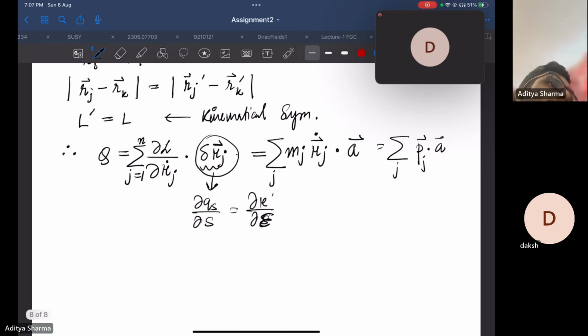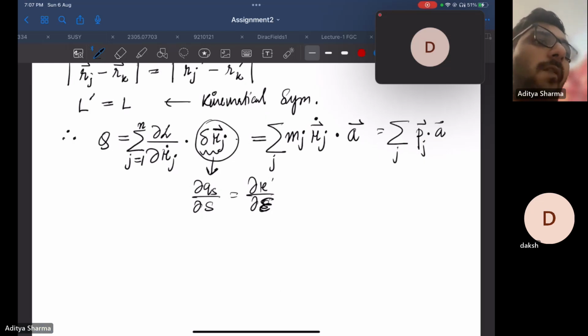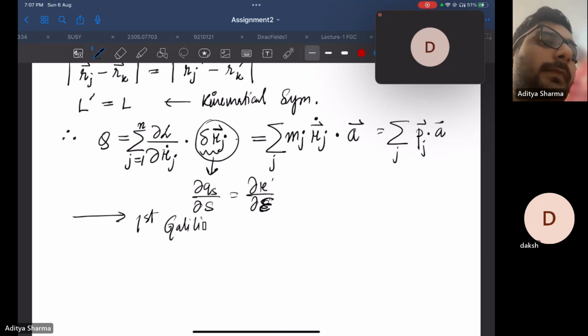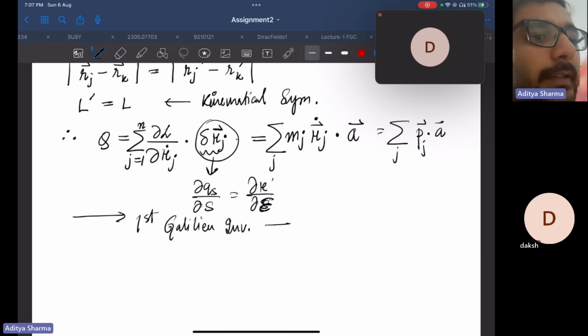This is the first Galilean invariant, and this says that total momenta is conserved.